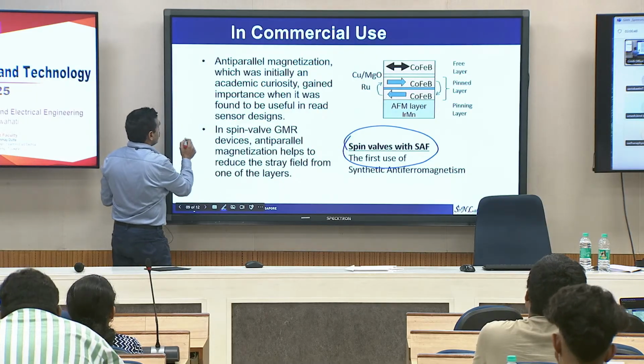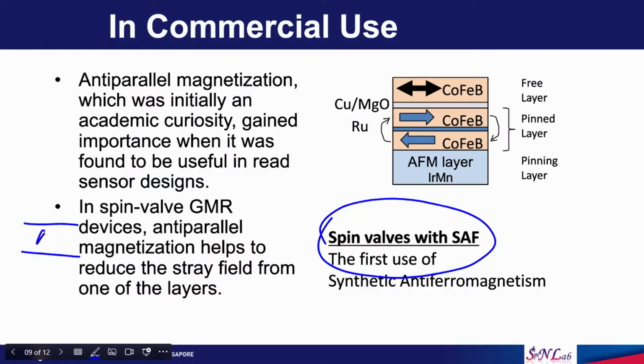So, in a spin valve we learnt that we have an antiferromagnetic layer, a ferromagnetic layer which is pinned in one particular direction, then a spacer layer, then a free layer.